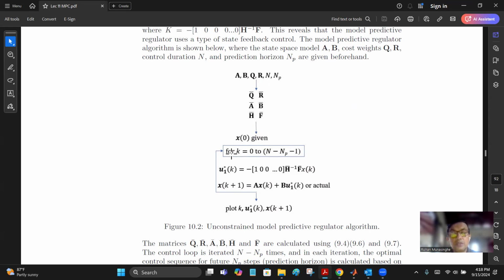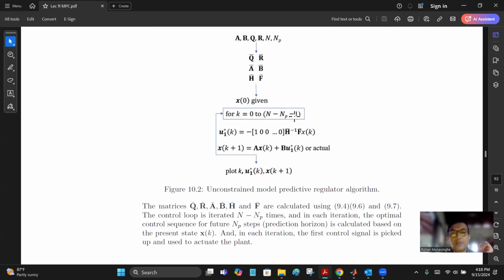Then you do this from 0 to N minus NP minus 1, because the prediction horizon is of a certain length. N is the total length, so you have to reduce NP minus 1 steps from it. This is where you stop your model predictive controller. You can't bring it to the very end because the model predictive controller has its own width, so you can go as far as the width fits into the endpoint of the timeline, which is N minus NP minus 1.